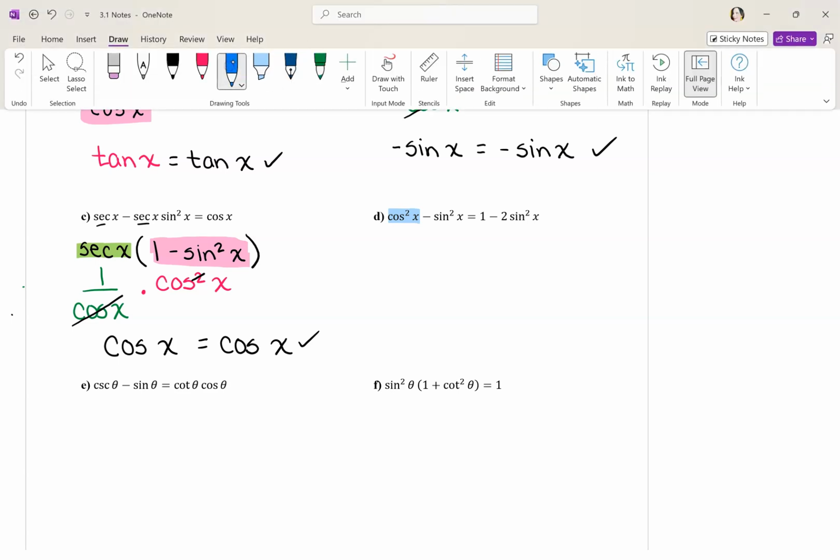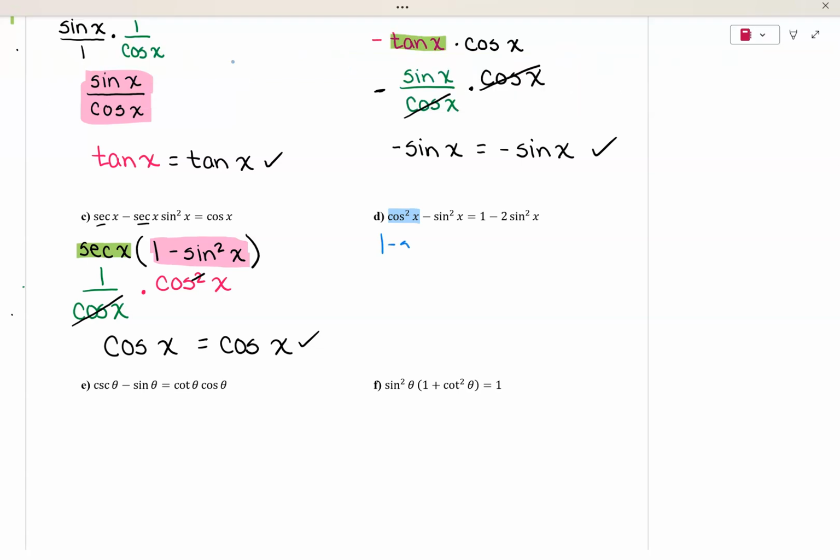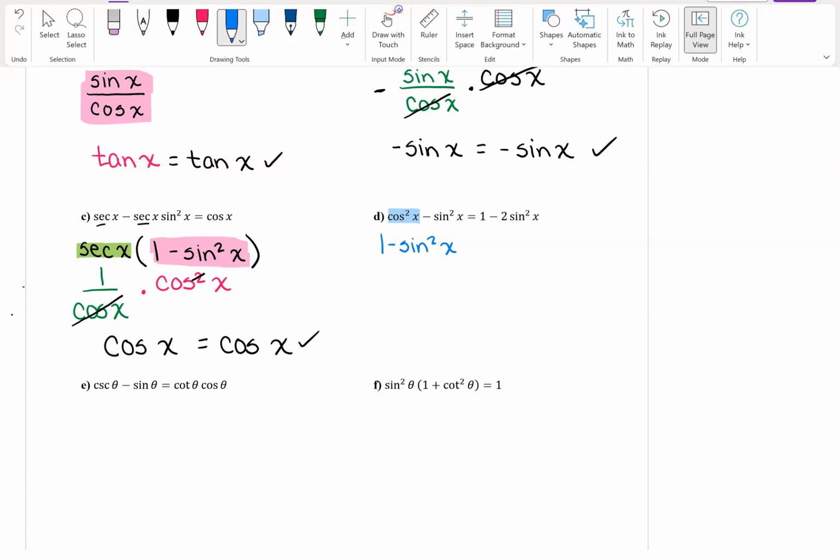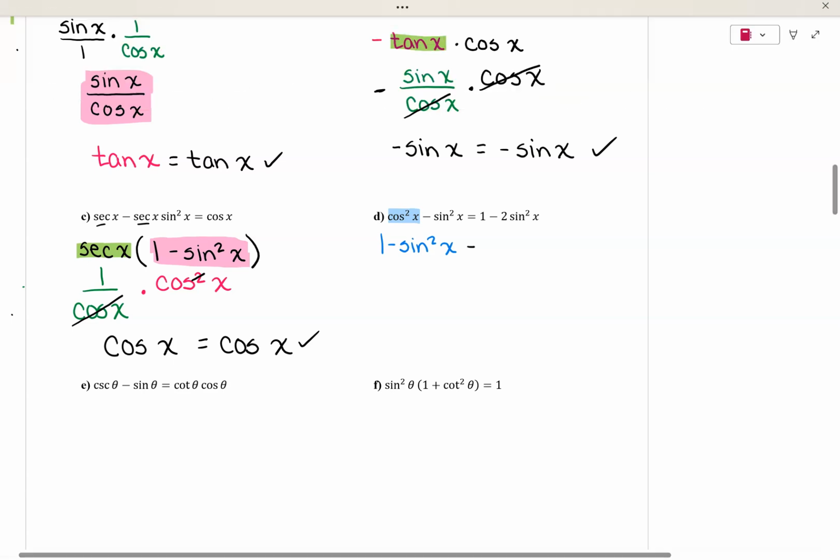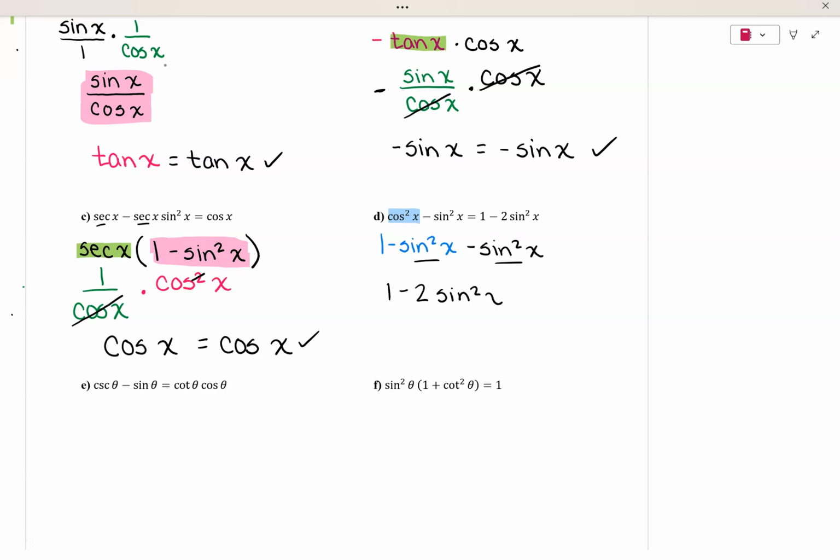So cosine squared, and we just used that, is 1 minus sine squared. And then we have minus sine squared x. And then notice we have the same term. So what's a negative sine squared minus sine squared? And hopefully you said 2 sine squared. And notice now we have the other side.